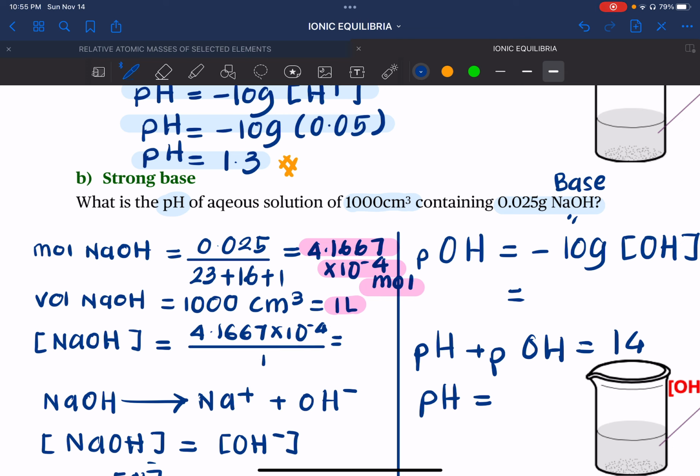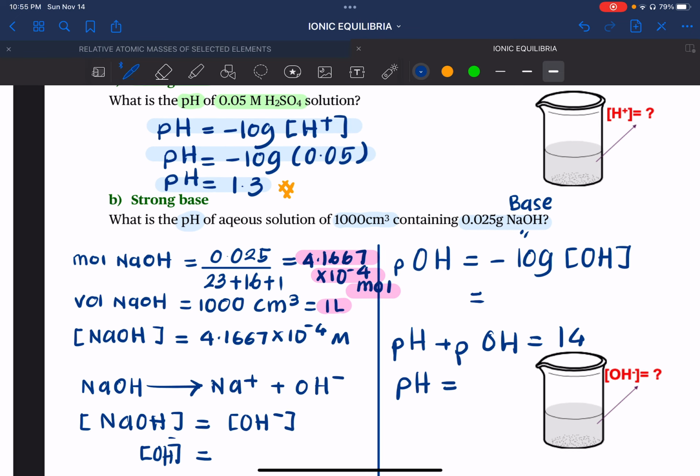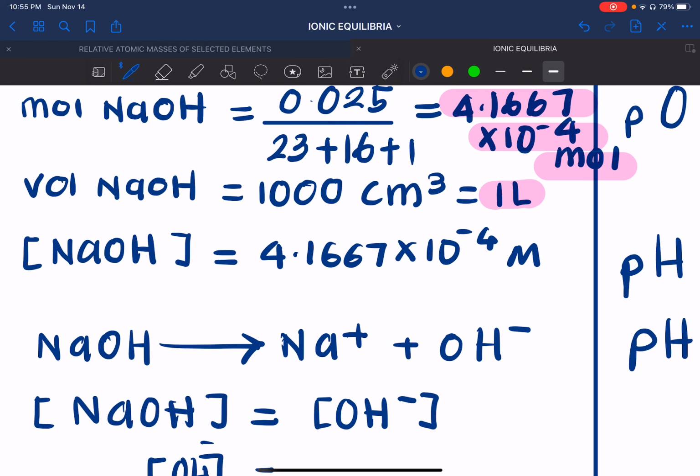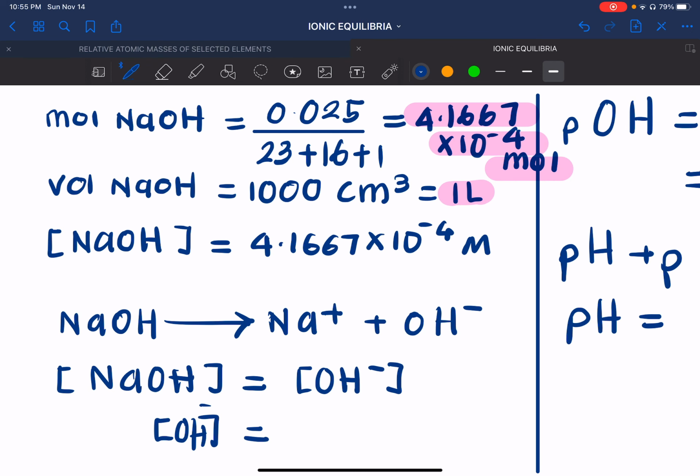So, basically, concentration dia sama lah, which is 4.1667 exponent negative 4 molar. Kalau kita tengok daripada equation, maksudnya concentration NaO ni rendah. So, kita tahu sodium hydroxide is a strong base.